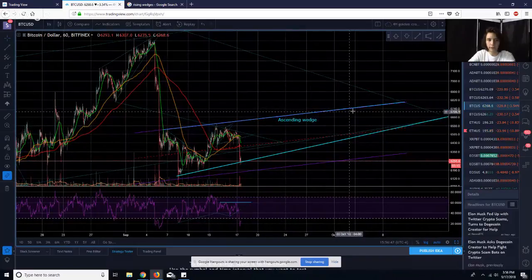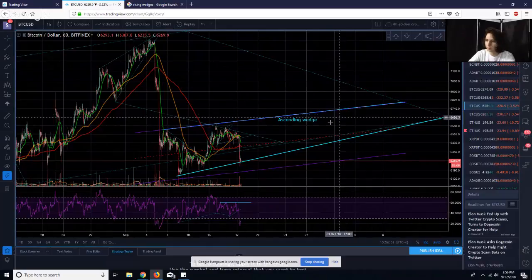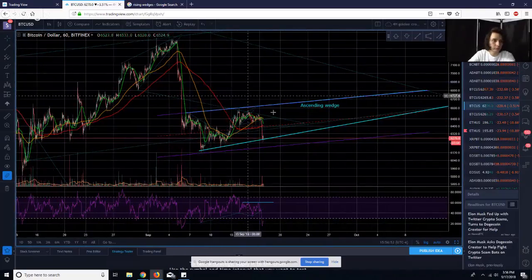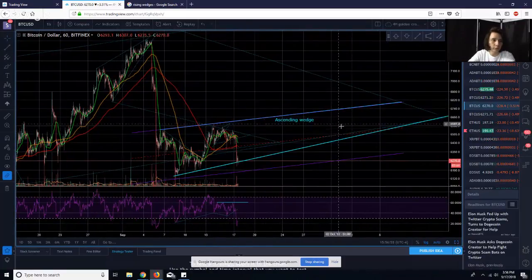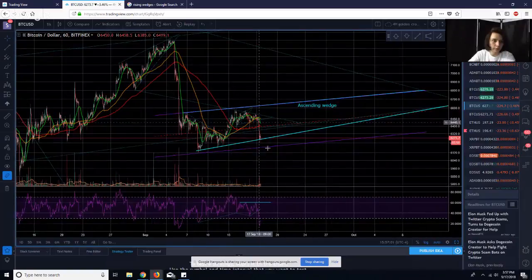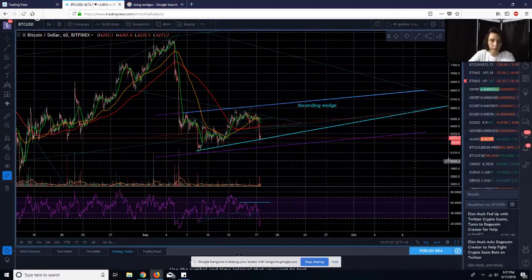I'm looking to see if maybe we can get up here for a good opportunity. But it's still kind of in the early stages, so we have to wait a few more days for some sort of confirmation, because we could still break down at any point. Like we hit the top here and then we broke down, so that could still happen. We can keep going down from here.